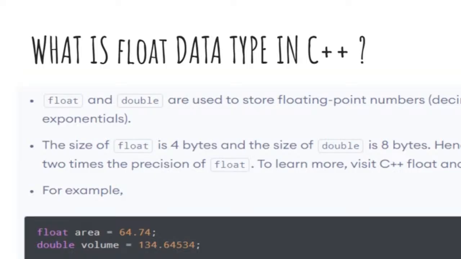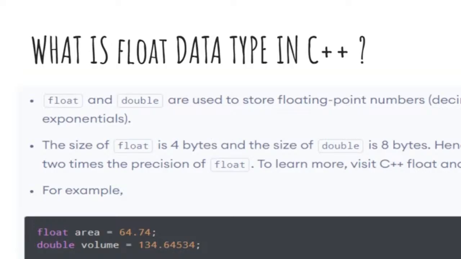Here, as you can see, double distance is equal to 45e12. Now let me explain this line of code. Here we have a variable called distance. The name of the variable is distance. As already discussed, the rule is that before writing the name of the variable you first have to mention the type of the variable. So the type of the variable is double.